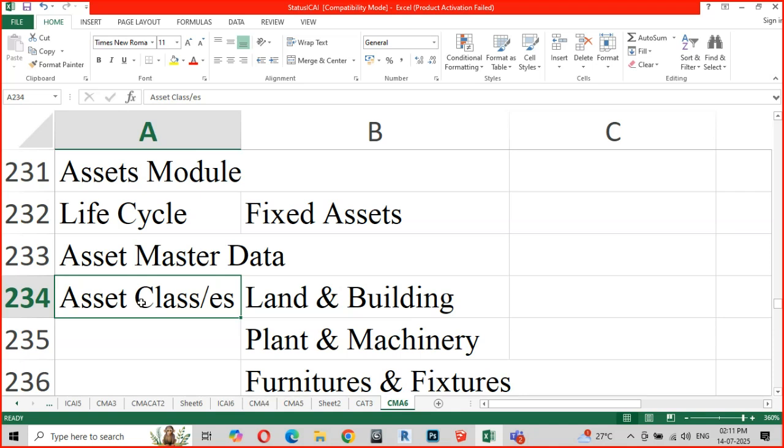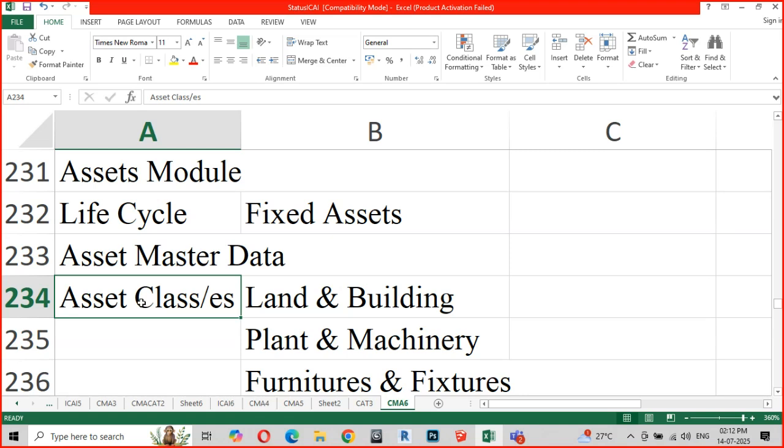If I can brush up your memory, your default or standard chart of accounts in standard SAP is denoted by the code INT, International Chart of Accounts.